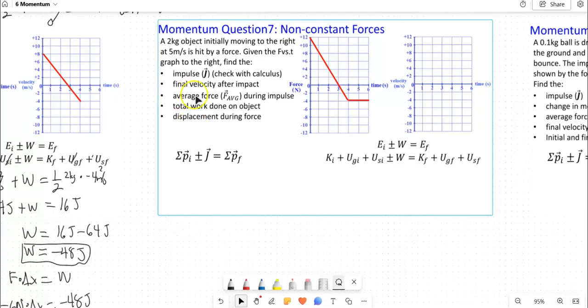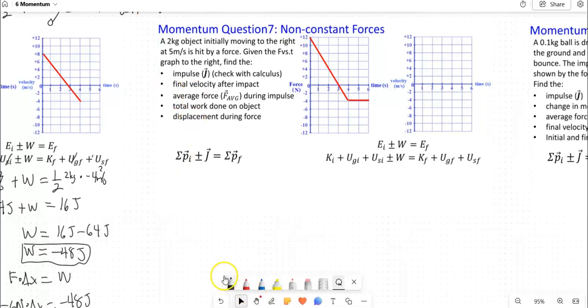And so in this case, you're given the starting values: it starts off with a mass of 2 kilograms and with an initial velocity of a positive 5 meters per second to the right. And we need to figure out all of this stuff.